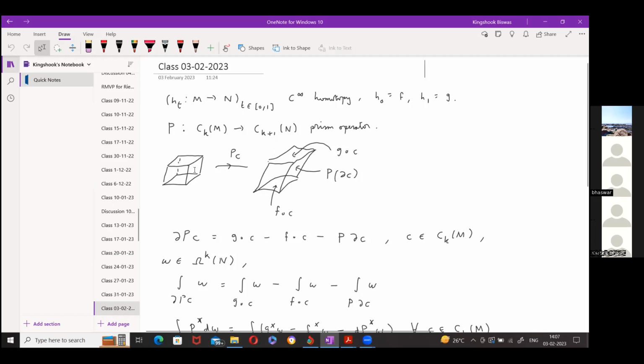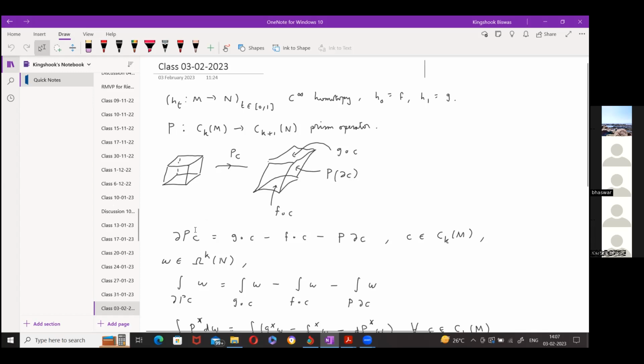So given a singular k-cube C, you got a singular (k+1)-cube PC in N, right? If you look at this (k+1)-cube, then the boundary of this cube consists of the top side, which is G composed with C, the bottom side, which is F composed with C, and the vertical sides, which are the prism operator P applied to the boundary of C. Okay.